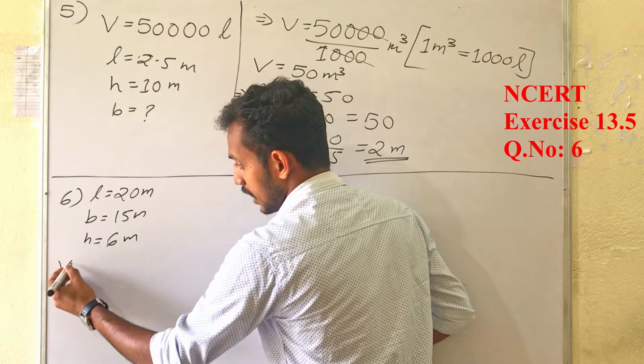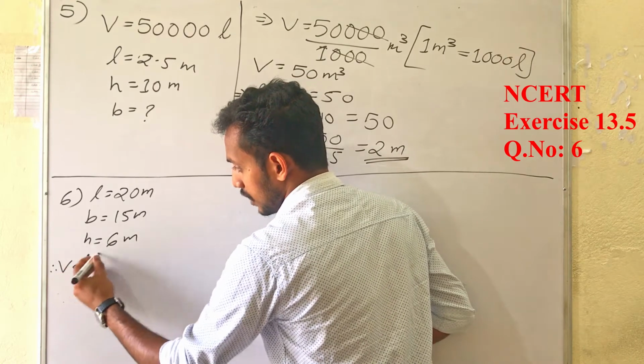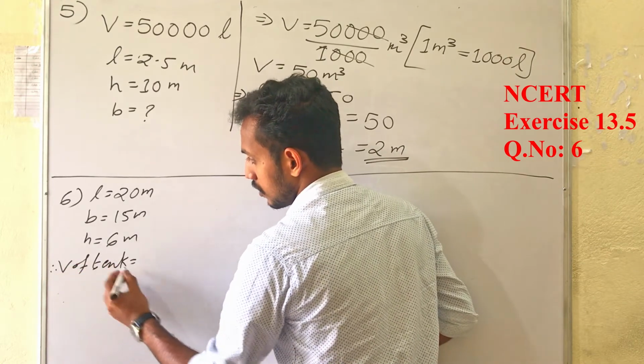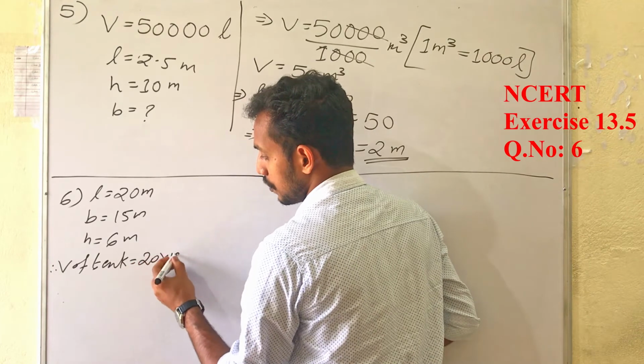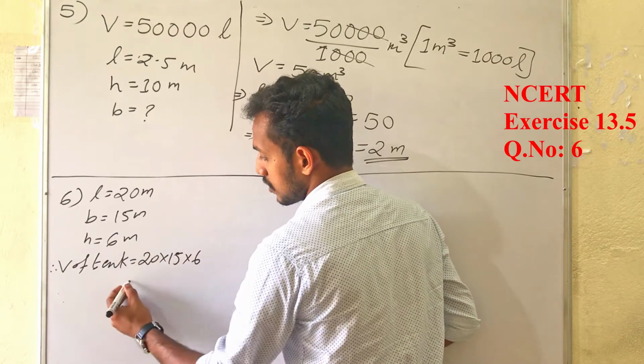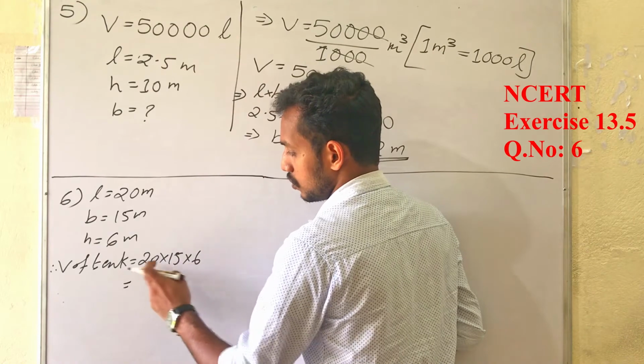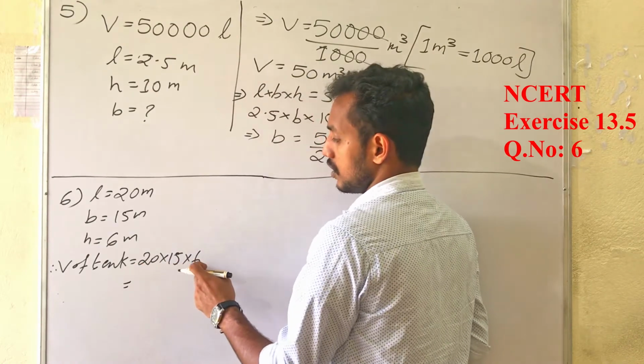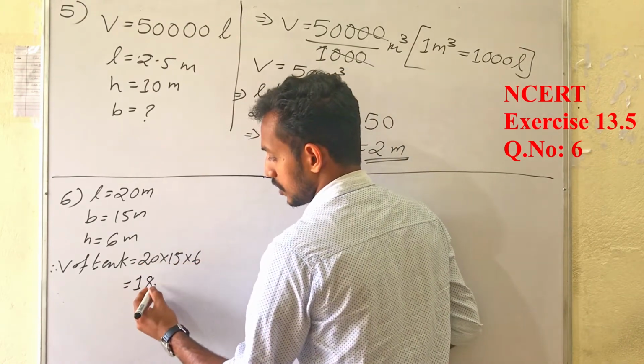Therefore, volume of tank is equal to 20 into 15 into 6, which is equal to 300 into 6, 1800 meter cube.